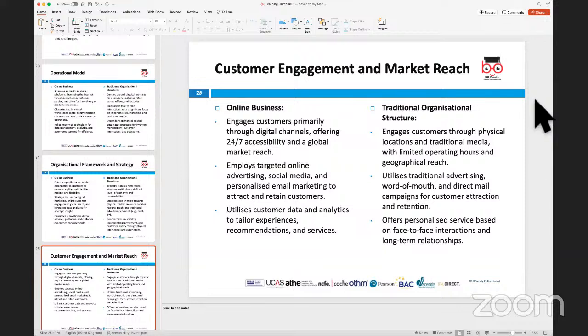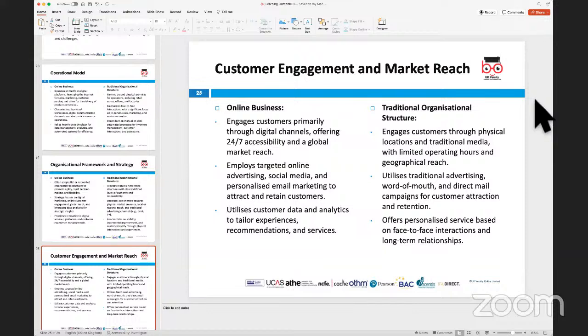IKEA, for example, is a very good example of a traditional organizational structure. If you look at Manchester, IKEA has two stores. They are generally quite far or outside the city. And if people are deciding to go and shop at IKEA, they have an option to either shop online and get it delivered at home, but that does not deter the company from increasing its business through the stores, wherein they are regularly investing.